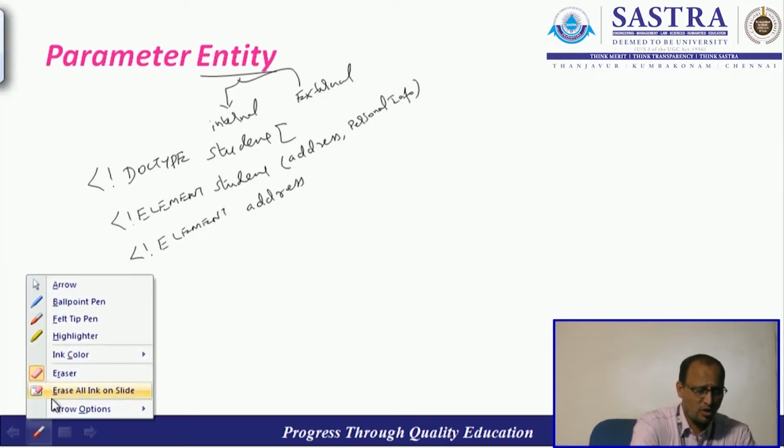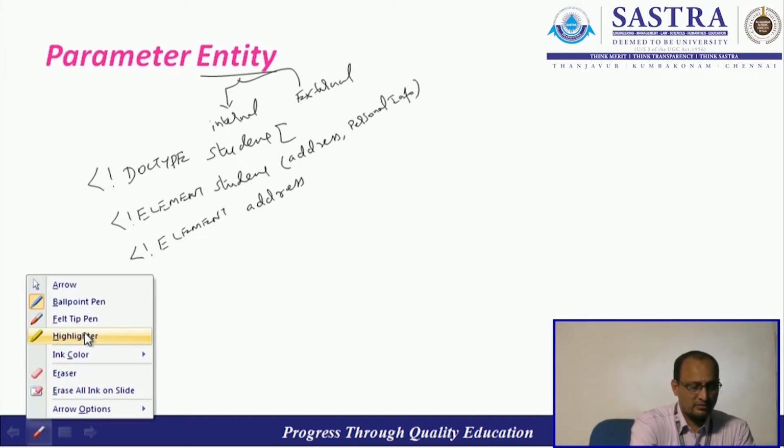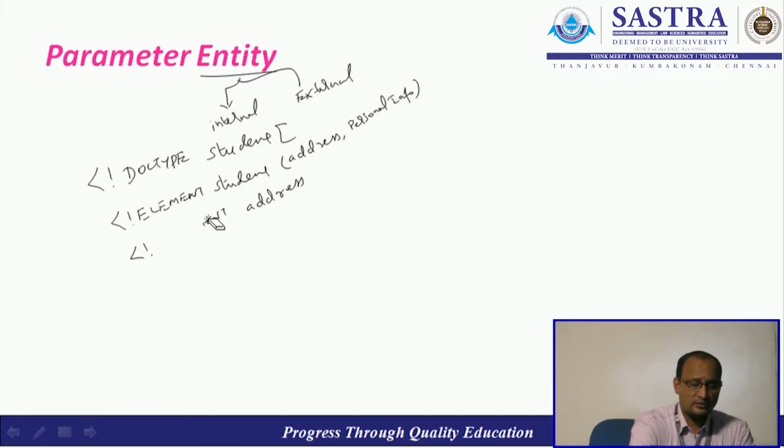Now we modify this. I am removing the entire one and we will be having a definition about parameter entity, exclamation, this is ENTITY. The same keyword ENTITY has been used here, and we need to define address.